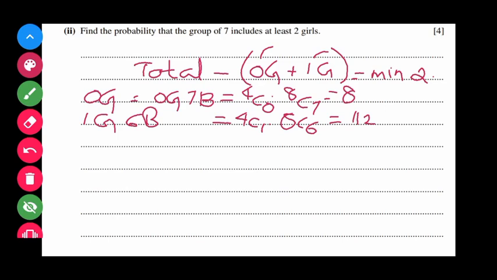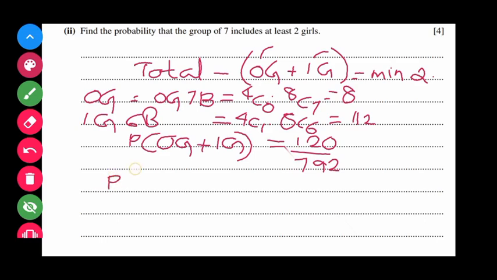So what is the probability of 0 girl or 1 girl? I'm asking the probability of 0 girl or 1 girl. So 0 girl or 1 girl is 112 plus 8, which is 120 out of 792. 792 is from the previous, the first part. Okay. And total probability is 1.